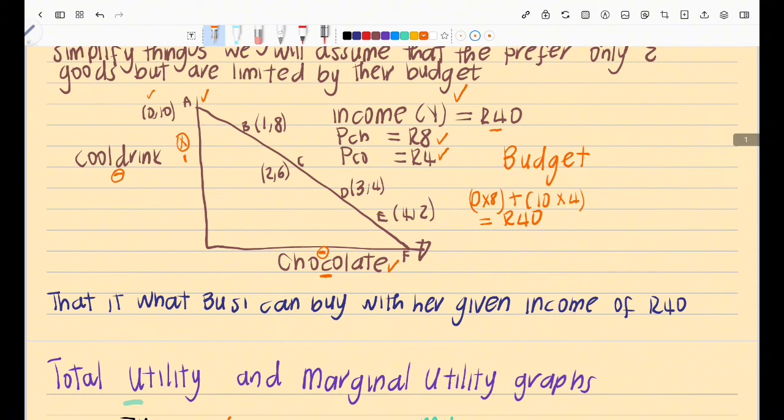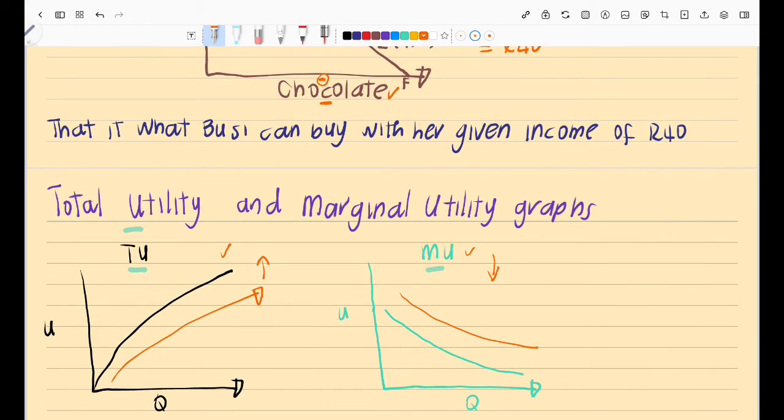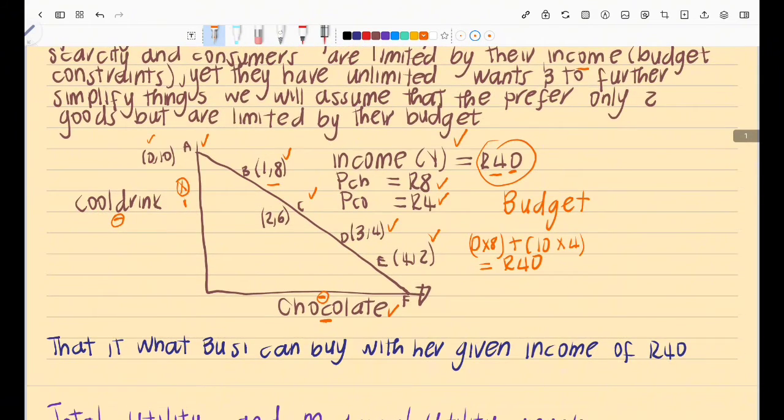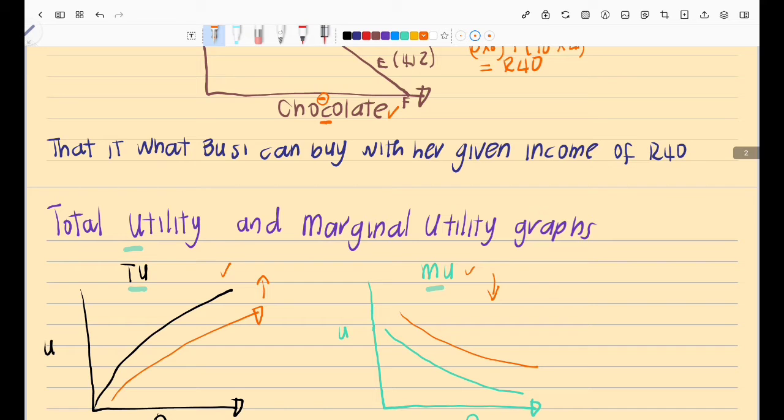So if you check all these points, which is just an exercise you can do for yourself, you will see that it's limited to 40 rand. So whatever combination you're having is actually going to be 40 rand, right? So let's just call this a budget constraint of Busi, and this is what Busi can buy given her income of 40 rand, right?